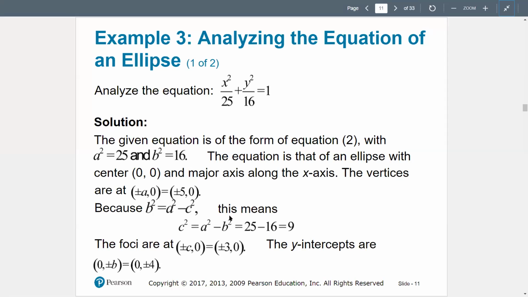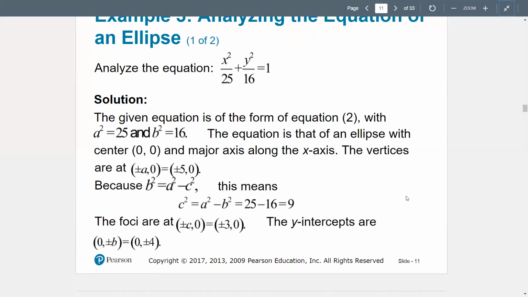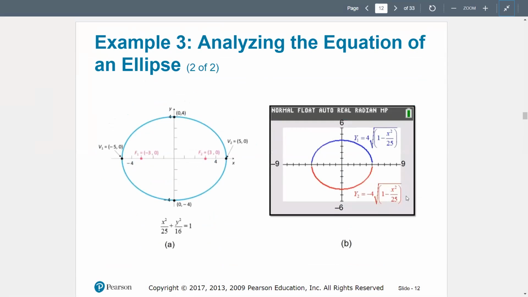So of course, to get a and b out, we would take the square roots, but we'll get c squared instead. Plug everything in. Here they give you the hand-drawn as well as the graphing utility.